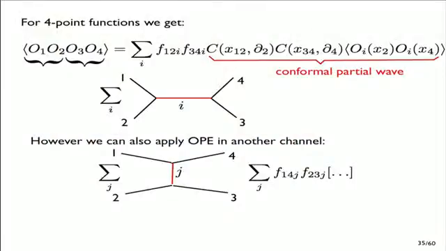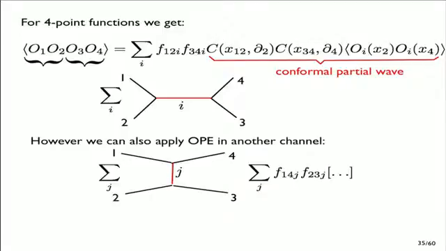But it's not going to be automatically consistent for 4-point functions. And this is really the heart of the matter. So let us review how it goes. If you take a 4-point function, then we can do things in 2 ways. We can collide O1 with O2 by the OPE and O3 with O4.